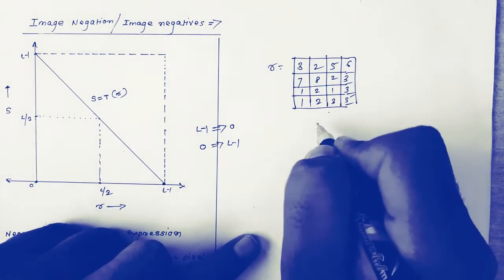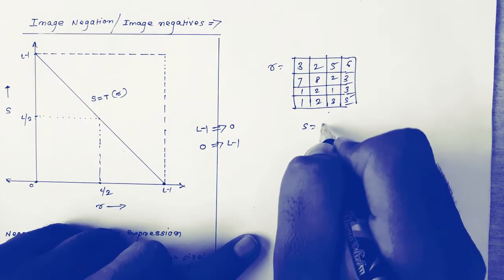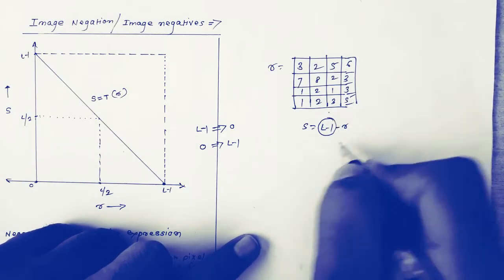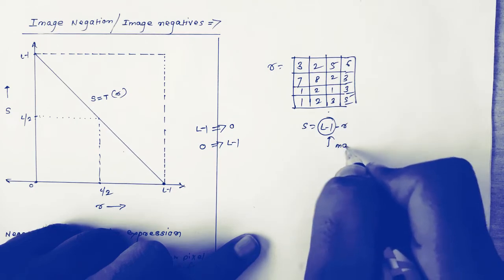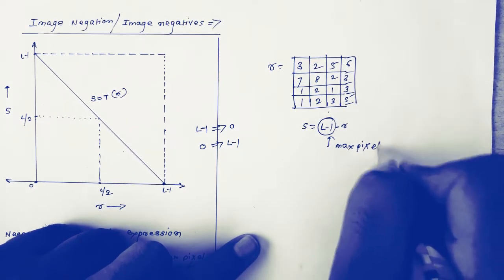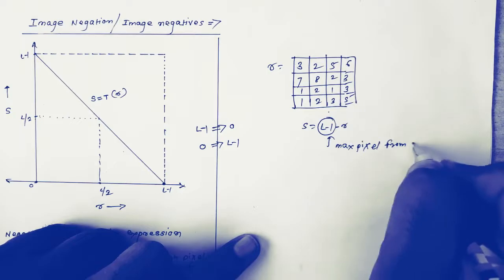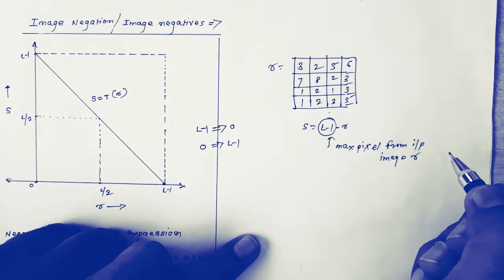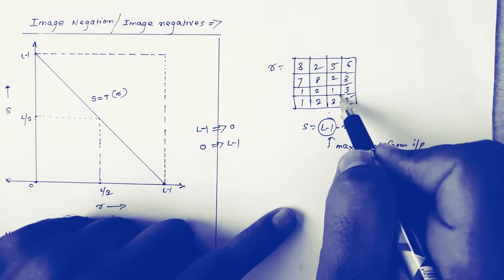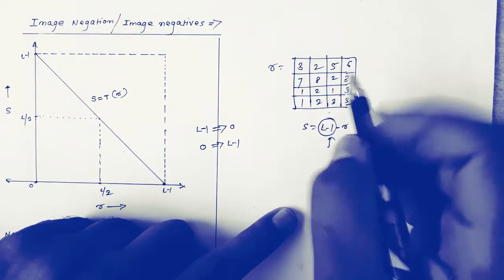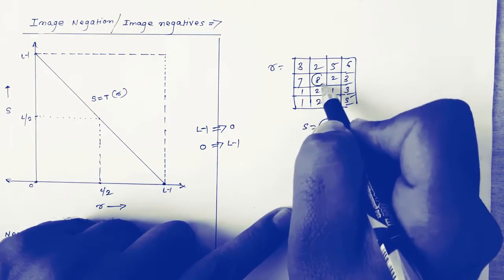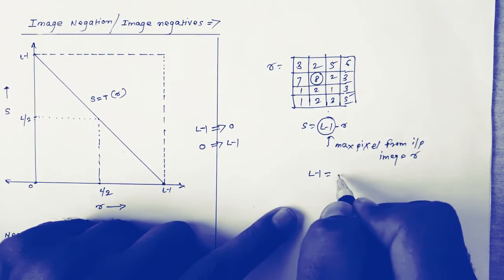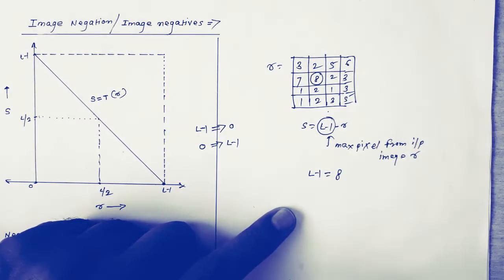Our formula is S is equal to L minus 1 minus R. Basically L minus 1 is nothing but the maximum pixel value from input image R. If you look at this image, we can see I am having 8 as the max pixel value from R. So the value of L minus 1 is equal to 8 in the above example.